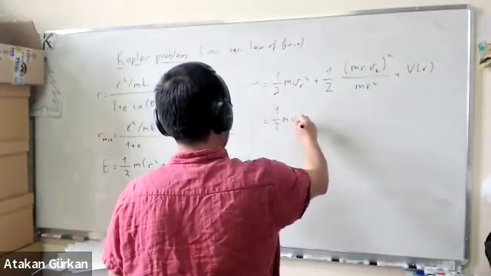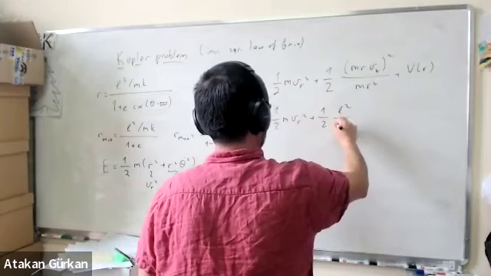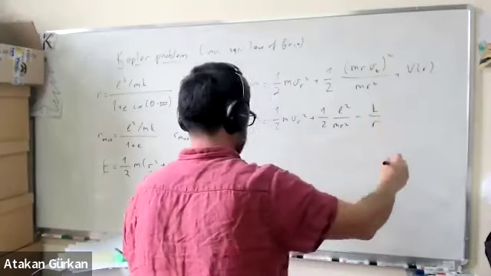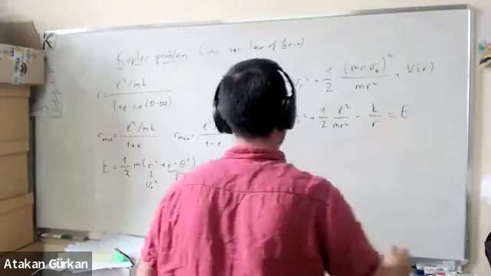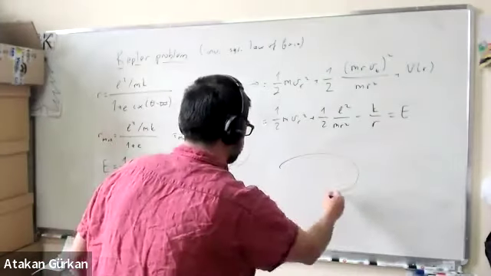Half m R dot squared plus a half L squared by R squared, our centrifugal barrier, minus the Kepler potential is equal to E. Okay. Now we are going around in an ellipse.